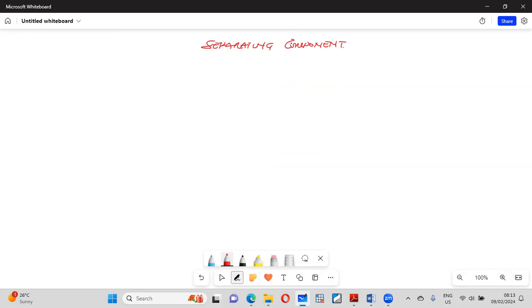All right, so when that happens, if you see a question of such nature, what you're going to do is to just separate them. So you're going to do a separation of the lease component from the non-lease component.